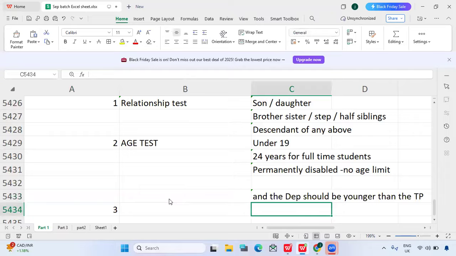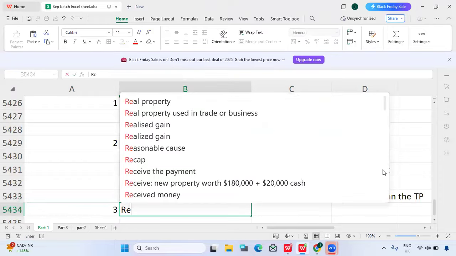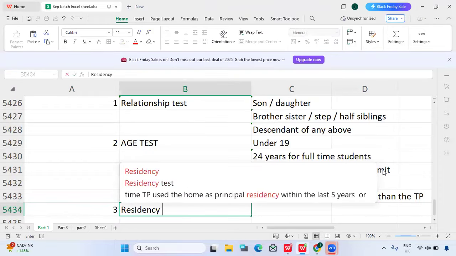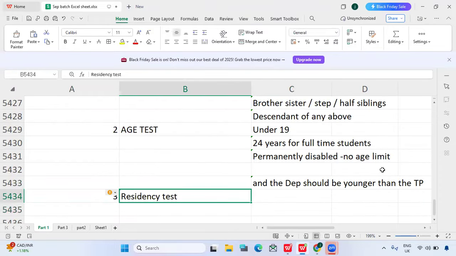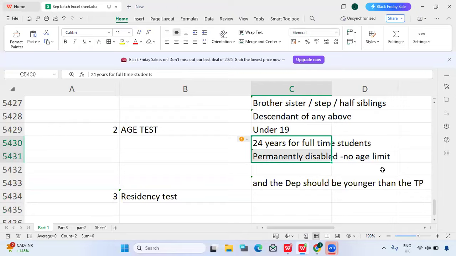And the third important test is the residency test, which is very important because it has some exceptions. If it is the general rule, no need to worry. If there are any exceptions, make sure to remember the exceptions. So the 24 years and permanent disability cases you must remember because they have some exceptions.